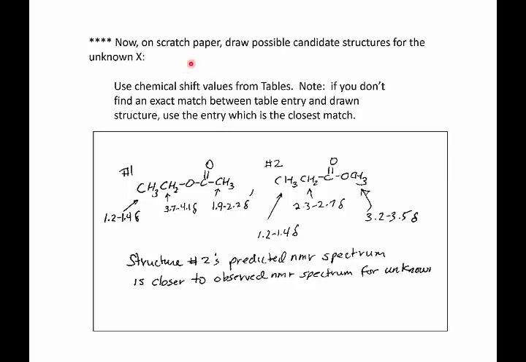You'll find that there aren't that many possibilities, but write them down, and what you're going to do is make a sketch of the NMR spectrum for each of those candidate structures that you wrote. And then look for the one that's got the best match with the actual NMR spectrum. That's the process. You're also going to make use of the chemical shift values from those tables.